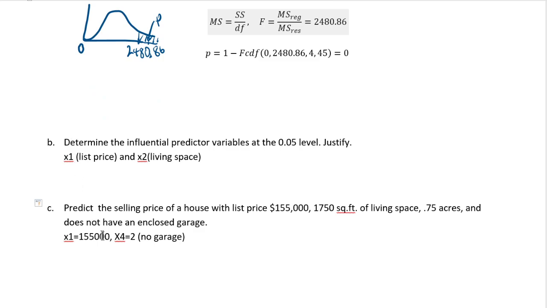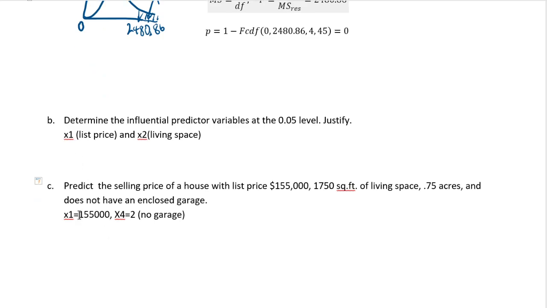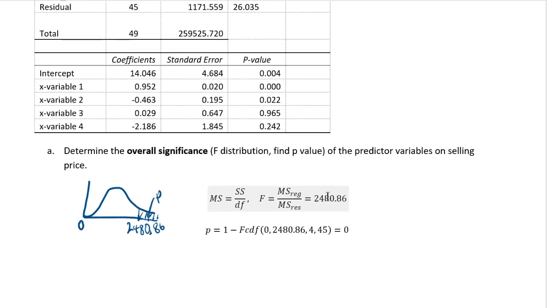So actually it should be 155000, but it's 155K dollars. So that's what X1 is. Be careful you don't make that mistake. And then X2 would be 17.50 because it's 100 square feet.